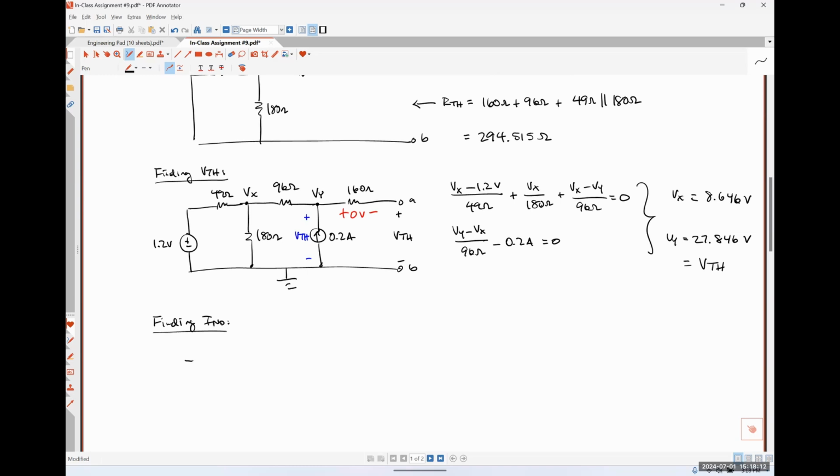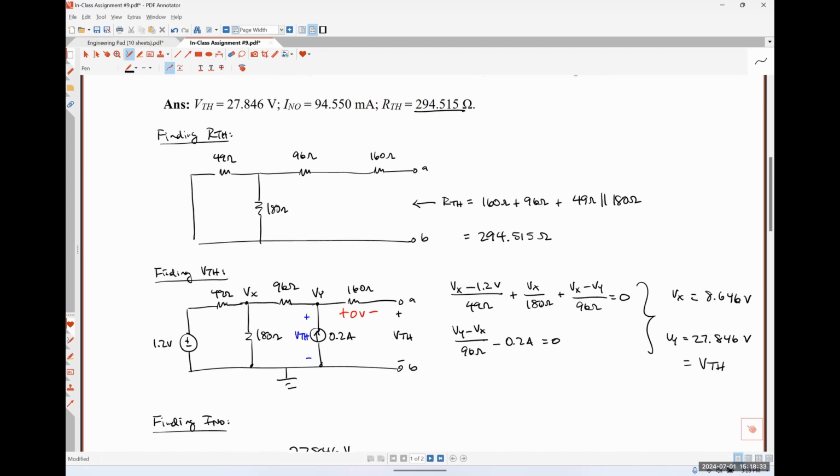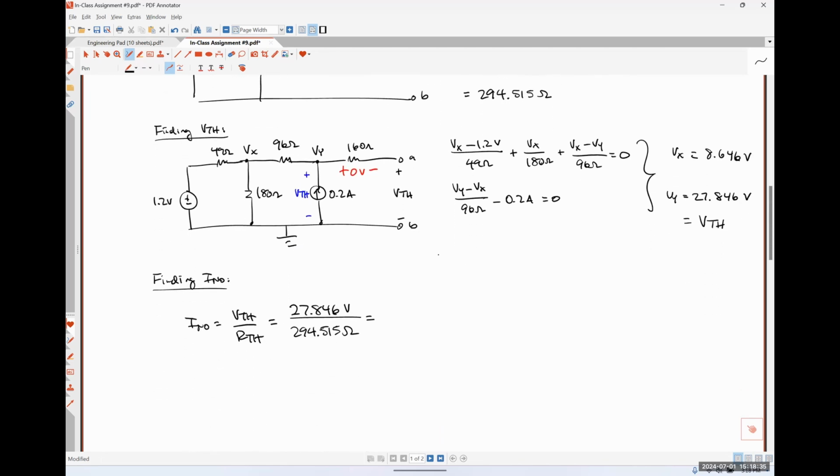Exactly right. So that would be 27.846 volts divided by 294.515 ohms. And that should come out, I'm just going to be lazy, 94.550 milliamps.